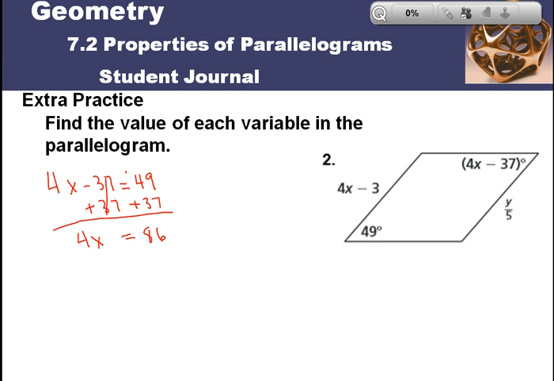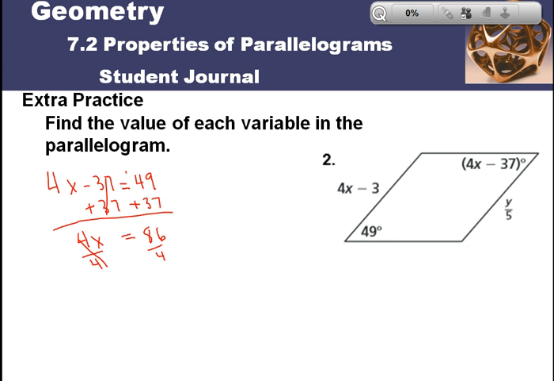And then, of course, I have to figure out what x is. So to find x here, I'm going to divide by 4. So 86 divided by 4. Use a calculator for that. And I got 21.5. So I could reduce or I could divide.